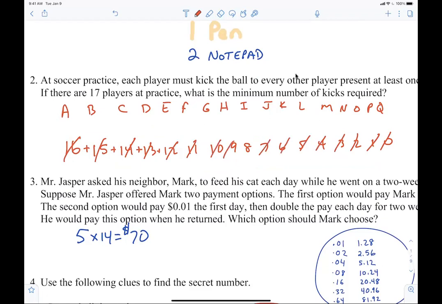Does everybody agree with that? And what's 16 times 8? 128. Wow. But there's an extra 8. 136 kicks.